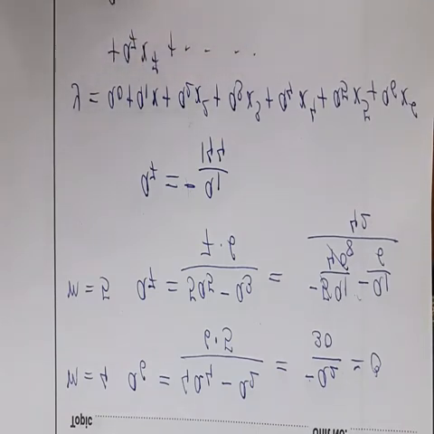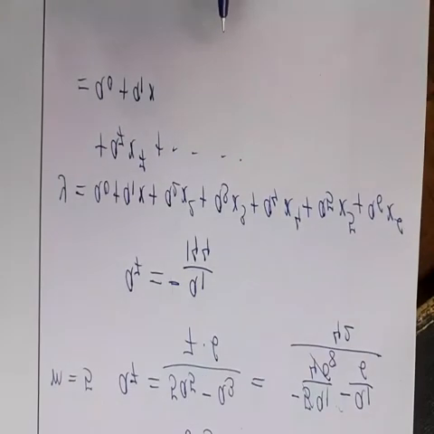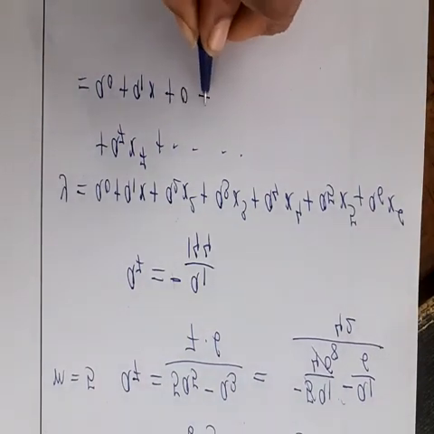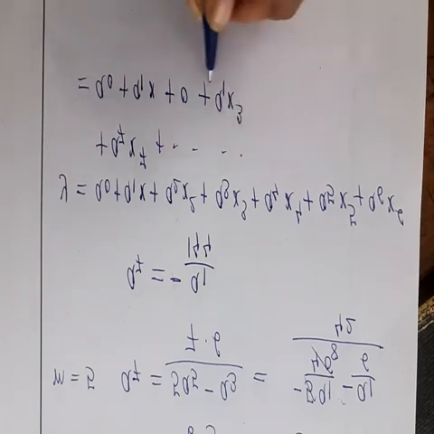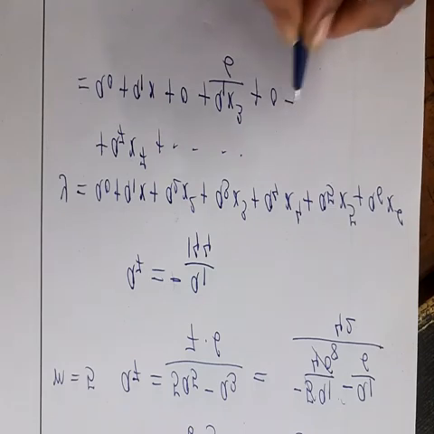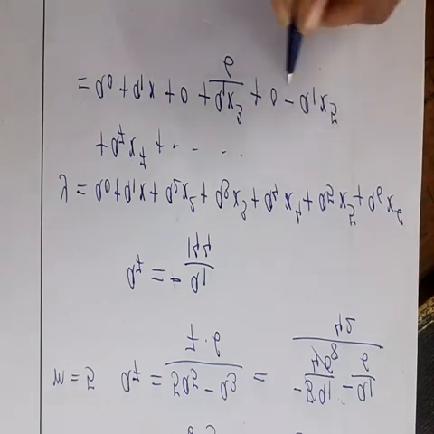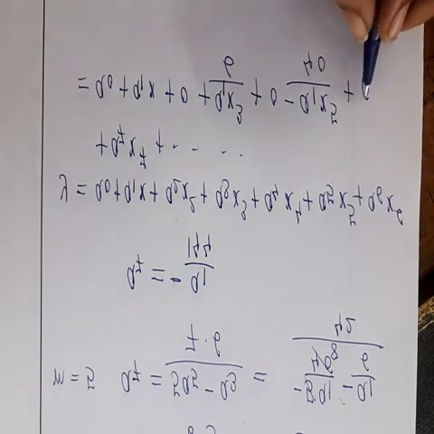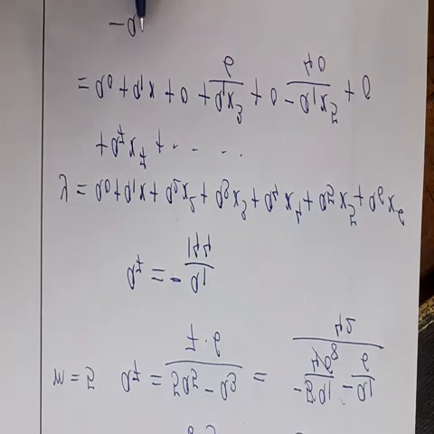So a0 as it is, a1 x as it is, then a2 is 0, a3 gives plus a1 x cube divided by 6, then a4 is 0, a5 gives minus a1 x to the power 5 divided by 40, a6 is 0, and a7 gives minus a1 divided by 144 multiplied by x to the power 7 and so on.